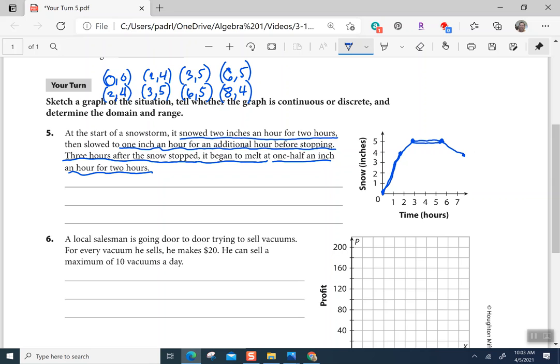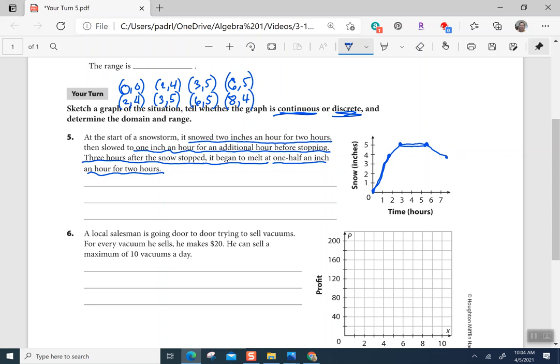Okay, what all does it want me to answer? It tells me, is the graph continuous or discrete? Remember, continuous means you can have an inch, 1/2 an inch, 1/4 inch, 3/4 inches, 1 and 2/4 inches. In other words, all your fractional parts are allowed. Therefore, since all the fractional parts are allowed, it is continuous.